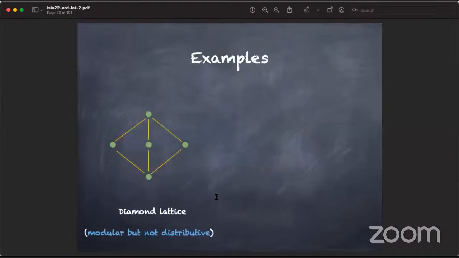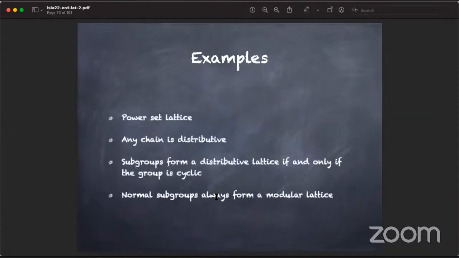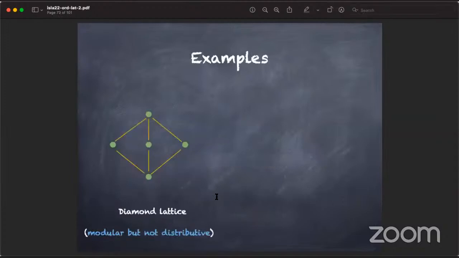Now, here is a lattice which is modular but not distributive. Let us spend some time on this. We just said that normal subgroups will always form a modular lattice.